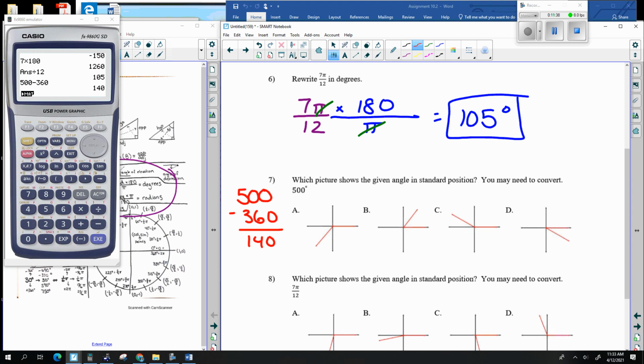Think about what that means: this is 0 degrees, this is 90, this is 180, 270, et cetera. 140 degrees is bigger than 90 but smaller than 180. So find the picture that looks something like that.